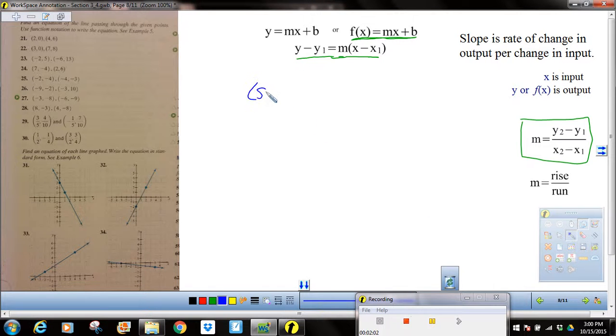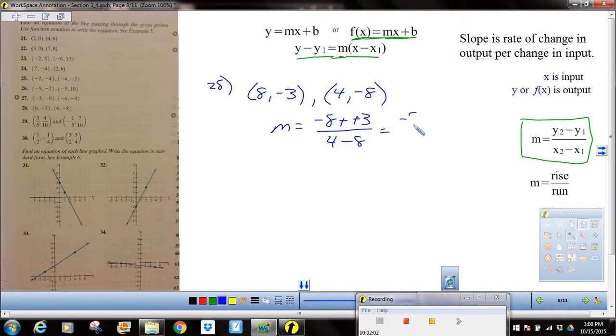Number 28. First I get the slope. I plug the numbers into the equation. It doesn't matter which one.